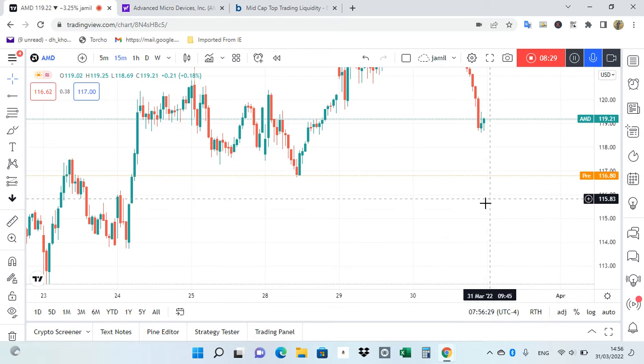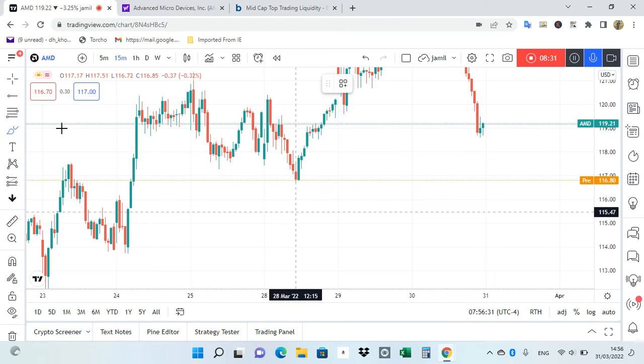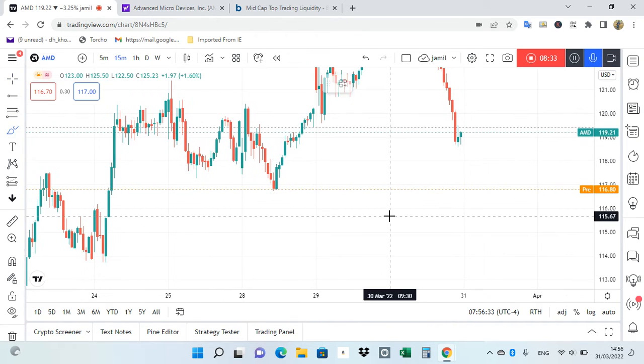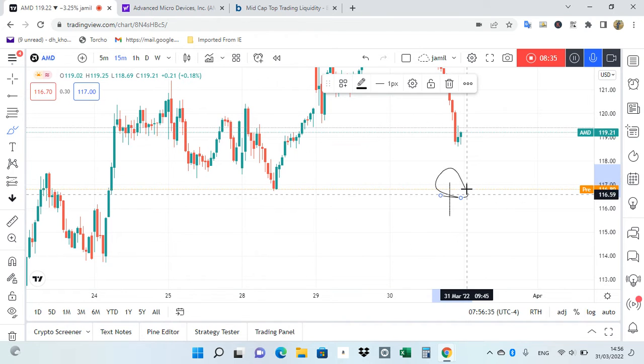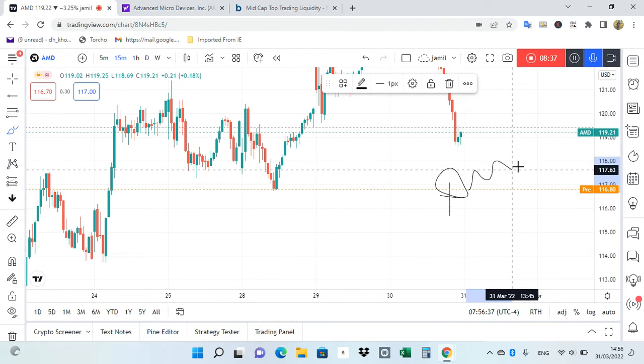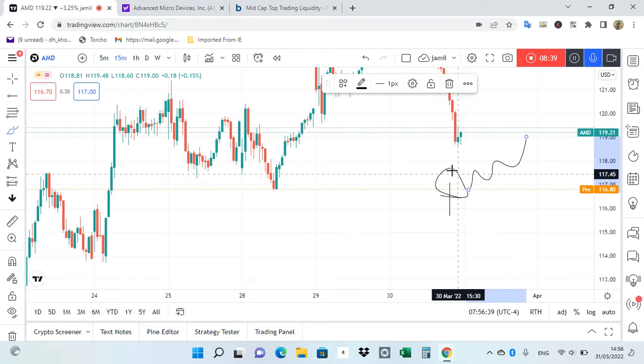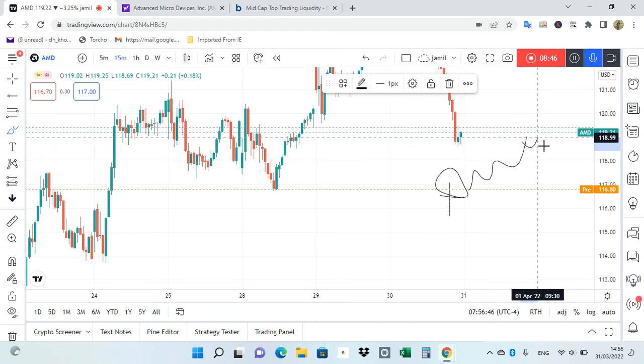So we have to very carefully see what the market is doing. If the market opens at this level, it will still try to go higher. We just have to do what we did in the analysis on Alibaba stock. If it tries to go to the 119 level, there is a high possibility the market will face resistance.